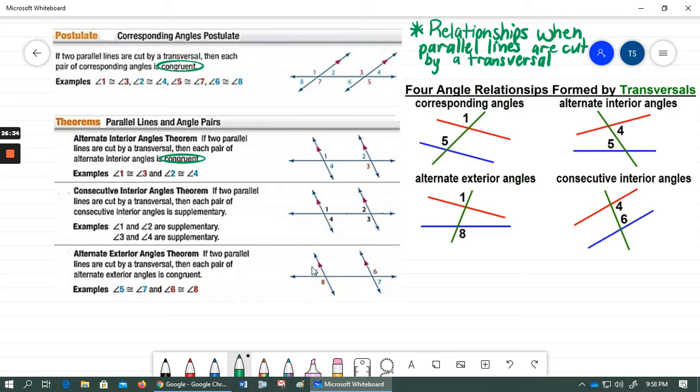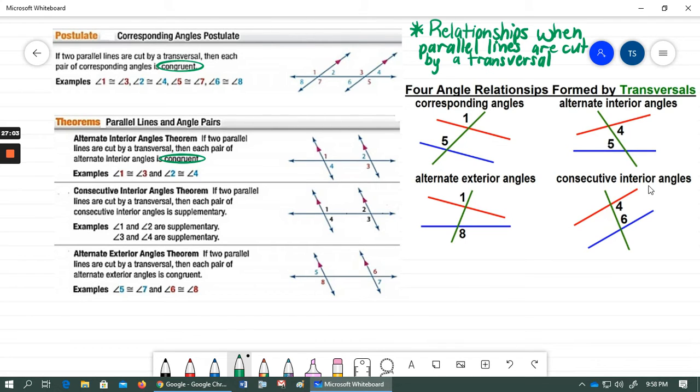We've talked about the word supplementary and what it means. Supplementary angles add to 180. So when we have two parallel lines cut by a transversal, the relationship between consecutive interior angles is that the pair is going to be supplementary. In other words, the measurements of that pair of angles are going to add to 180 degrees.